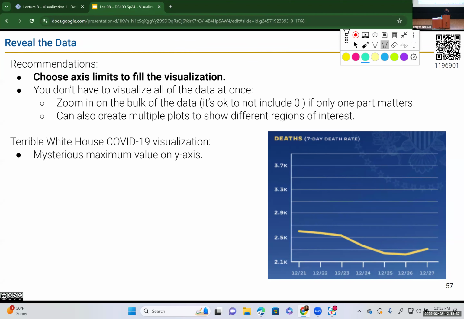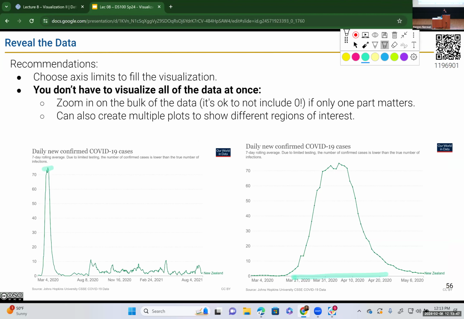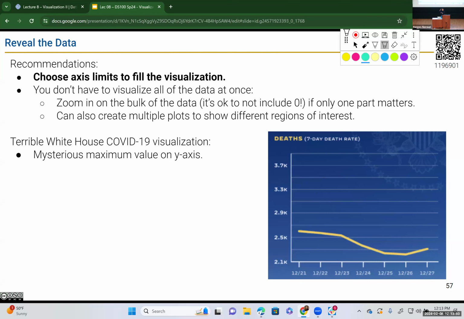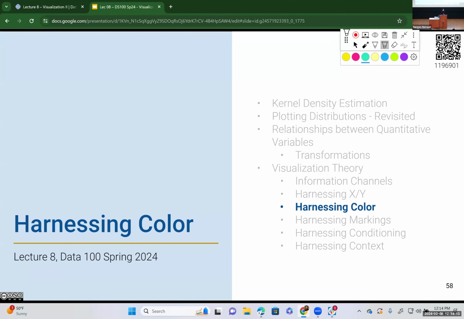So always you can set the limit of your x-axis and the y-axis, and then you can say, okay, I want the limit of the x-axis to be from this value to this value, which is what we did in this case. And you can also say that I want the y limit of my y-axis to be, for example, in the range that captures most of the distribution in our data so that you can visually see the differences a little bit better. Okay, so this is something to have in mind in terms of scaling x and y using the same scale, and also what to use for the limits of the x and y axes that you have.